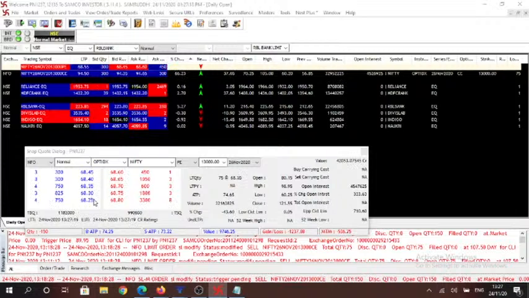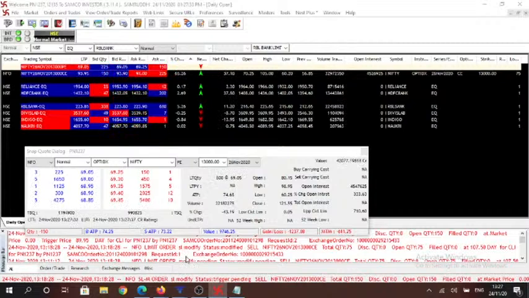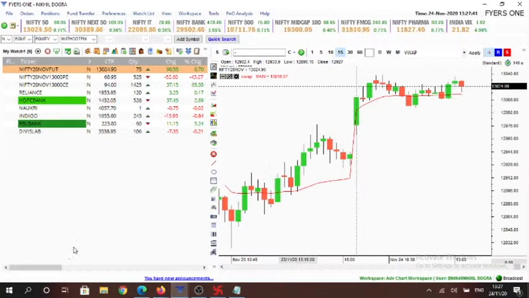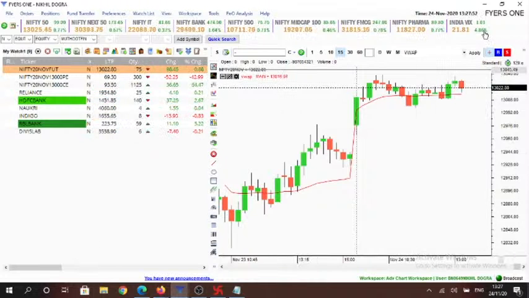66 is not breaking. 66, 65 levels. It is at our cost only right now. VIX is also up almost 5%.